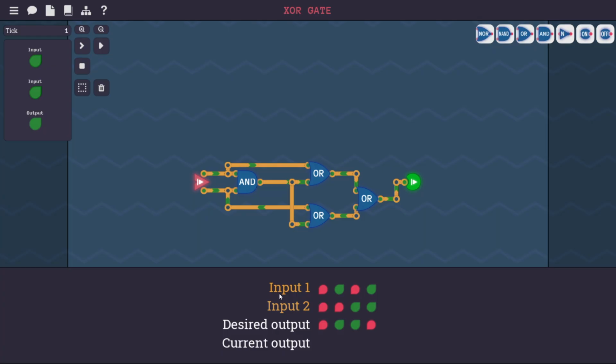We expect that for 0, 0, the output becomes 0, for 0, 1, 1, for 1, 0, 1, and 1, 1, 0. The first output is 0, which is this. Second one, we expect a 1. The third one, we expect a 1. And the last one, we expect a 0.